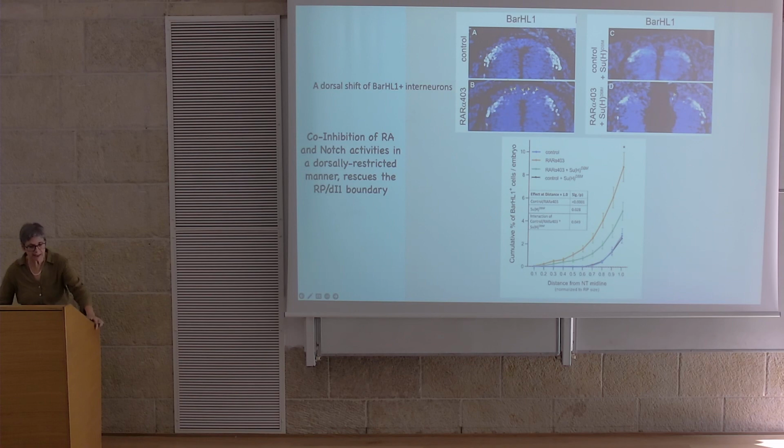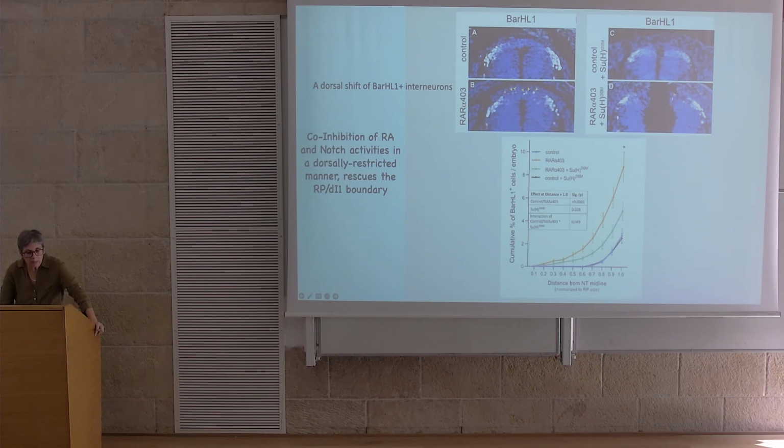So what we see here, normal conditions, BAR-HL is only ventral to the roof plate. In the absence of retinoic acid, many neurons are in the roof plate. In the absence of notch signaling, which we do by activating an important molecule of the pathway called suppressor of hairless, we see that everything looks normal.